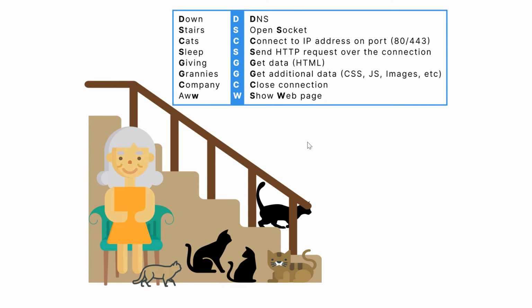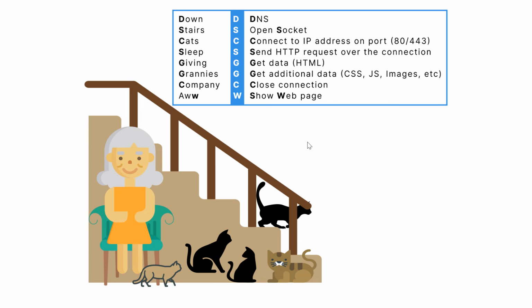I'm not really sure. But then it will give back the IP address. So now we know the address of the computer, i.e. the server in this situation, the Google server that we need to connect to resides on the internet. So now we can go to the next stage, which is to open a socket.